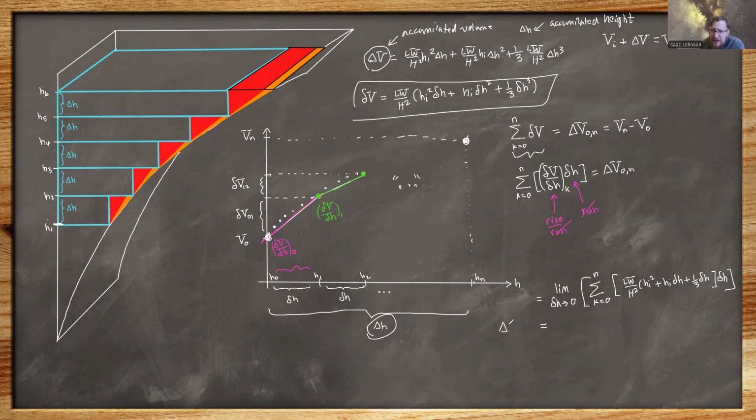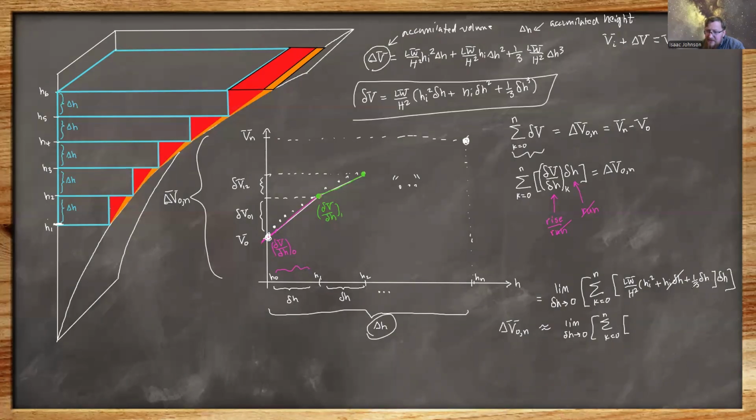So I would still come to the point where I would say, based on what we've done here, you could take delta V from 0 to n, so the full change in volume, and say that it is approximately equal to just the limit as dh approaches 0 and sum up all the slopes times their runs to get the rise.